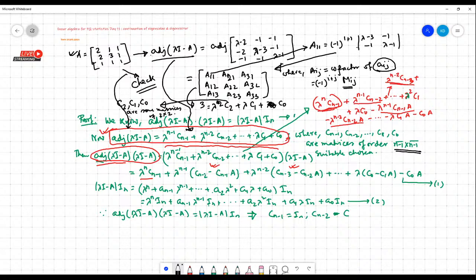So please tell me any doubt about this line and this line. Please tell me any problem regarding these two lines.